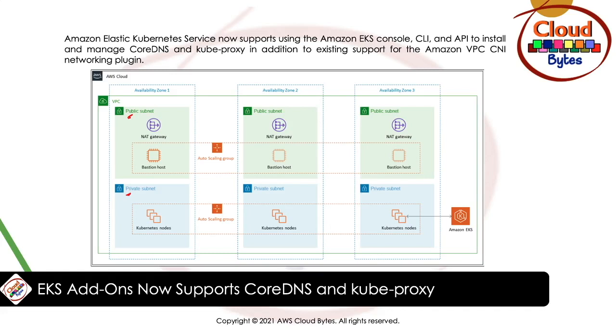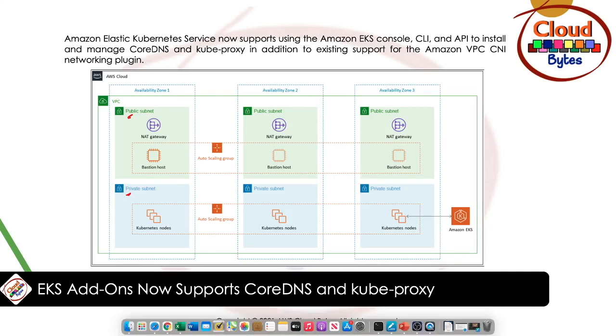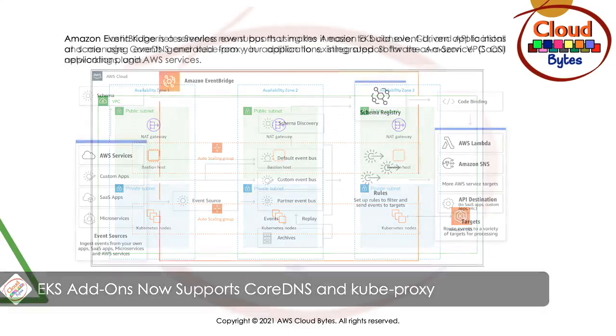Using EKS add-ons, you can go from cluster creation to running an application in a single command and keep your cluster up to date using the Amazon EKS console, API, or CLI. Amazon EKS supports managing the installation and version of CoreDNS, kube-proxy, and the Amazon VPC CNI on clusters running Kubernetes version 1.18 and above. Moving on to the next news.